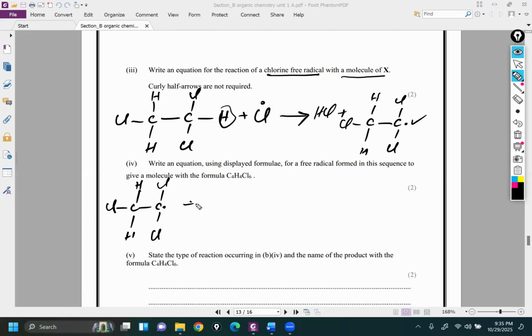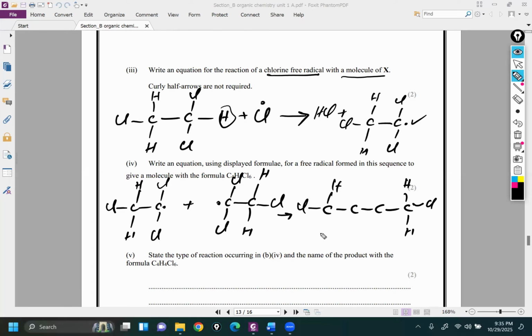This is one free radical, and another free radical will also be the same. But we just turn the compound by 180, so the two free radicals face each other because they will make a bond between them. So there will be 4 carbons in the chain, like 1, 2, 3, 4. Now here chlorine and 2 hydrogens are bonded, and here chlorine and 2 hydrogens are bonded, while here is chlorine, chlorine, and here is chlorine, chlorine.